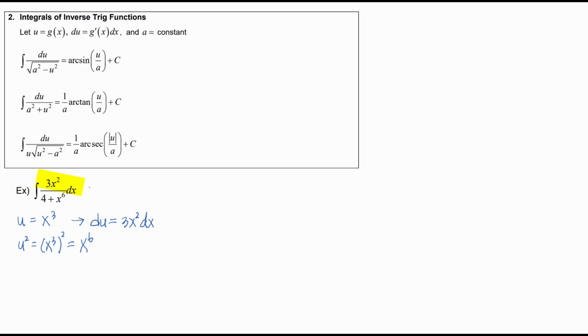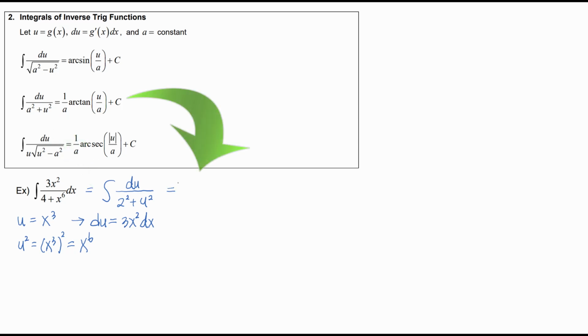So if I change this, this is going to be equal to 3x squared dx becomes my du, and 4 is 2 square plus u square. So I do have integral of the form du over a squared plus u squared.